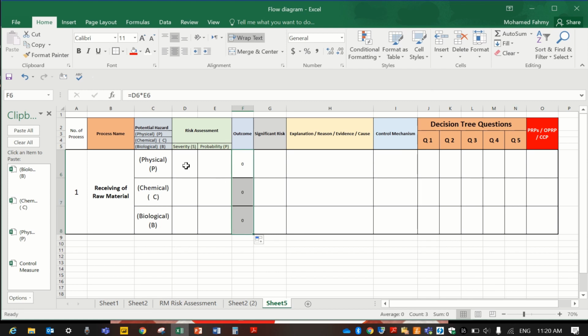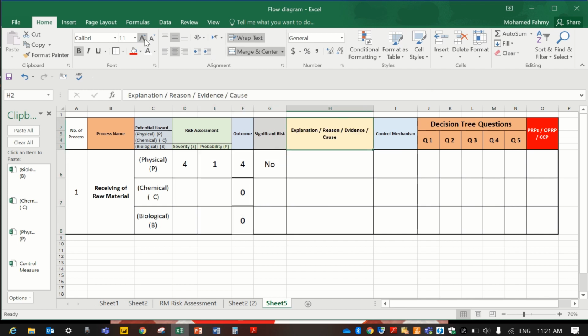So it will be the total, Control S. For example, we have obtained that the severity of the physical hazard in the raw material will be 4 and the probability will be 1, so the result will be 4, which is not significant risk. You can also make this bigger to be shown better.